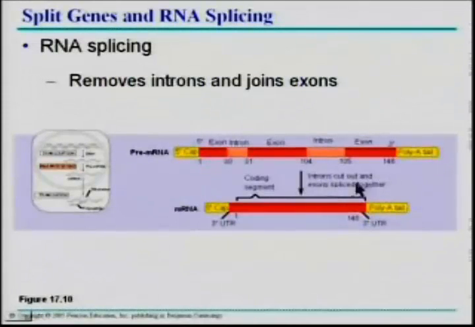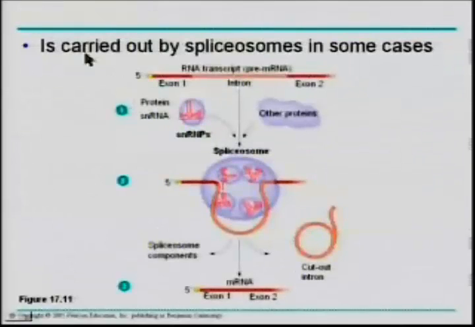So the introns are cut out and the exons are spliced together to give you the coding segment, and then of course there's the 3' untranslated region and the 5' untranslated region. Here's another error. That should be 5'. They have a 3 in there. Just horrible. So this is carried out by spliceosomes in some cases.